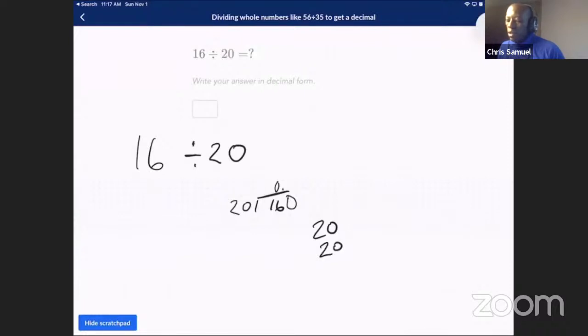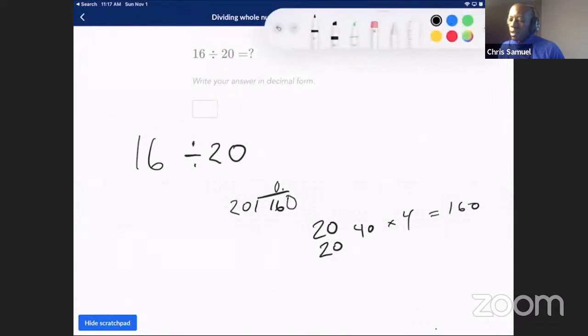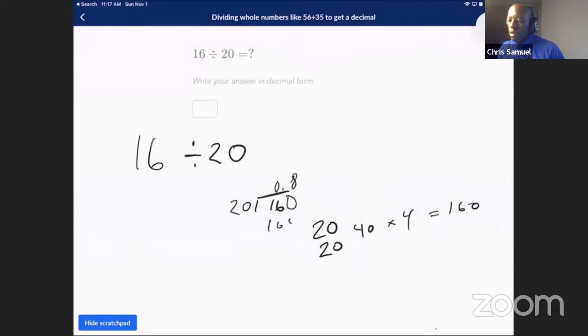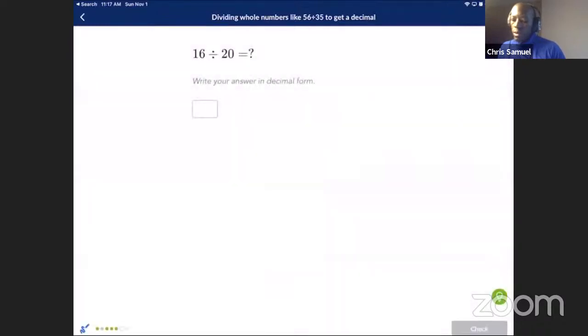Well, we know 20 plus 20 is 40, and 4 times 40 is 160. Not 4, it's 4 times 2, like 1, 2, 3, 4, 5, 6, 7, 8. So it'll be 8, and 8 times 20 is 160. So it'll be 0.8.